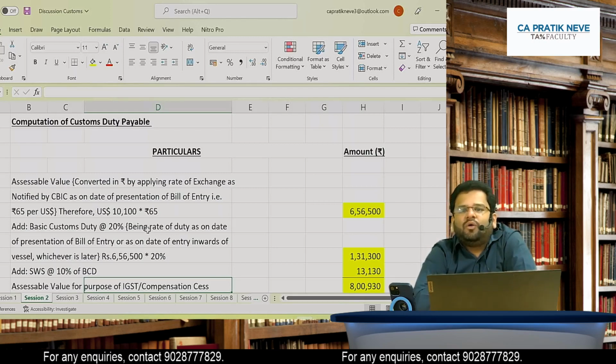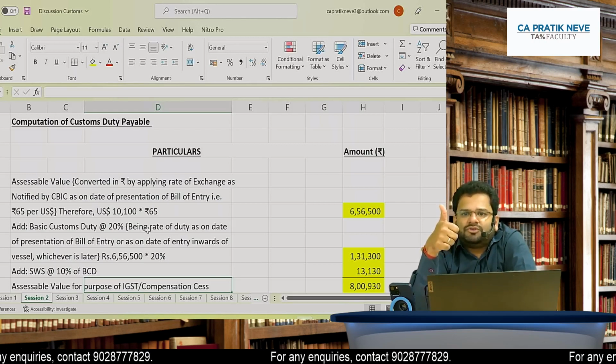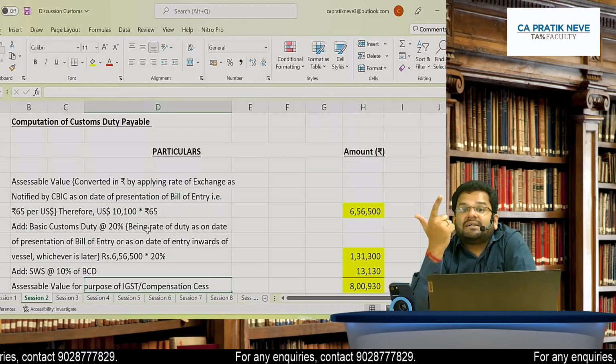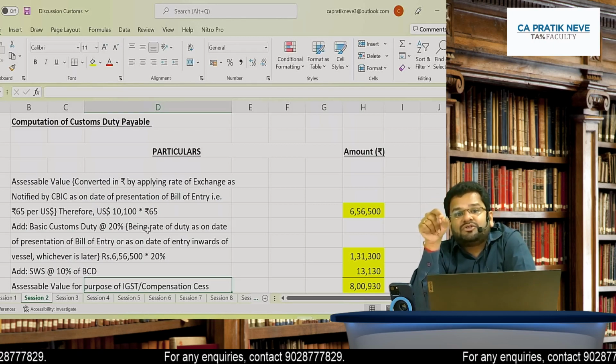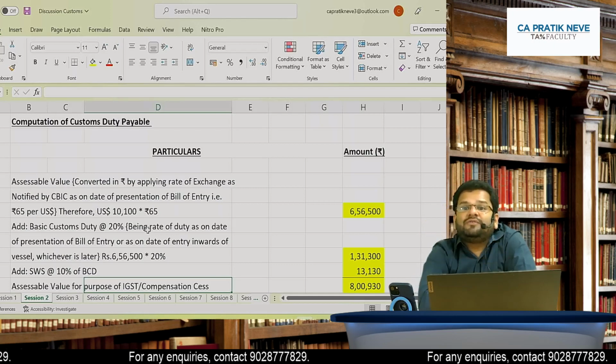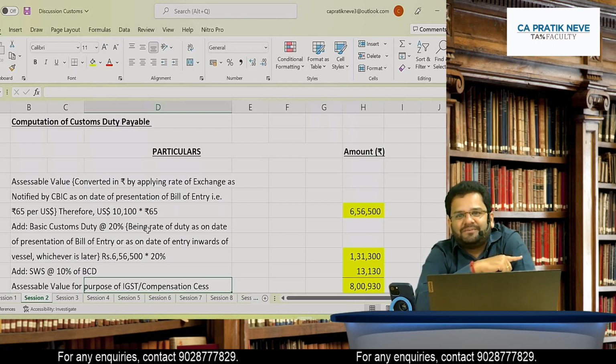So first of all, what you will keep in mind is the assessable value of imported goods. On that you will charge basic customs duty. On the basic customs duty you will charge social welfare surcharge at 10% of basic customs duty.